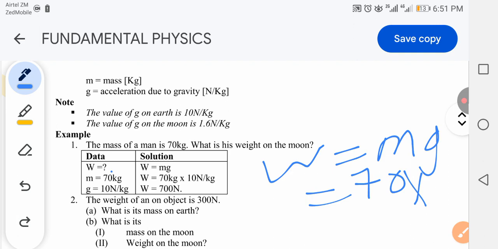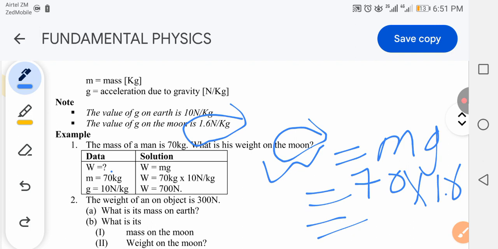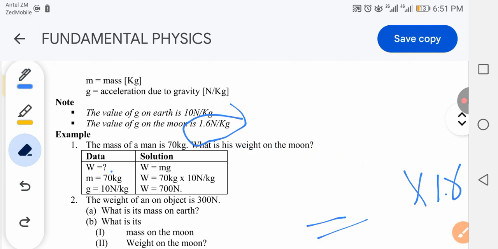Here we are on the moon, so we're going to use this one as our gravity, 1.6. When you multiply this, that should be your answer to this question. I don't have my calculator, I could have punched it in, but I'm sure you understand what I'm trying to put across.